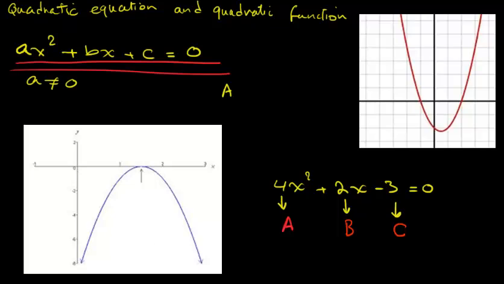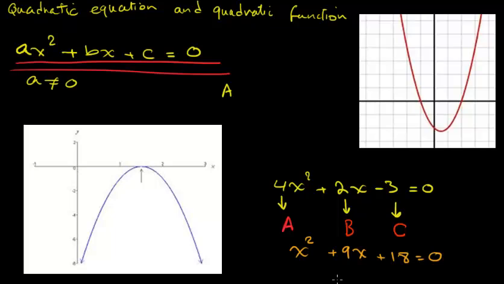Or let's say we have another one. Let's say we have x to the second power plus 9x plus 18 equals 0. We have a coefficient of 1 here that we prefer not to write, and we have our b is 9 here, and the constant is 18, right?